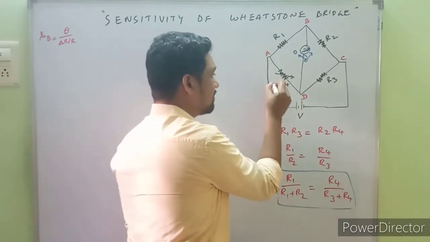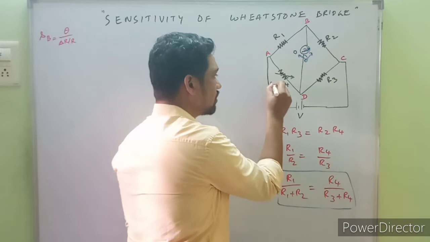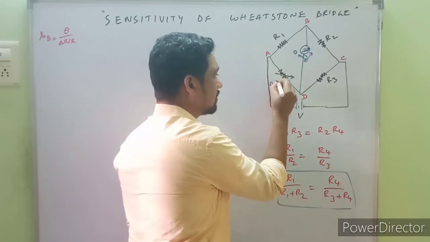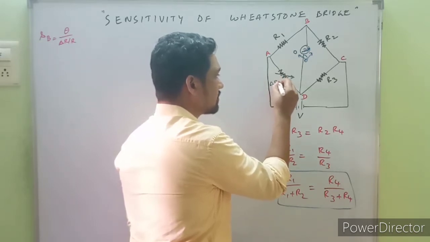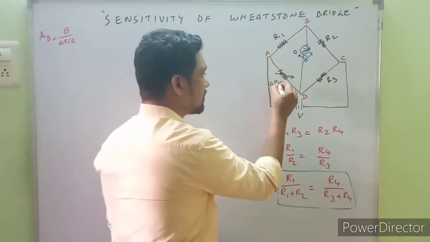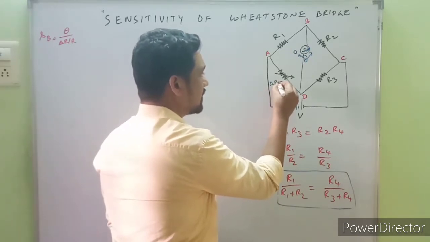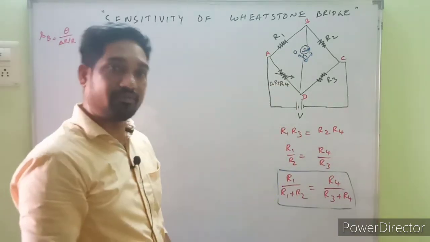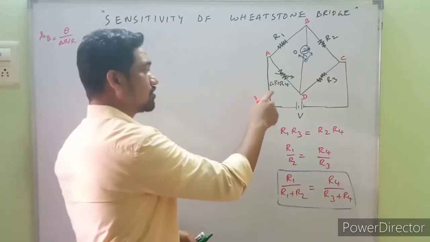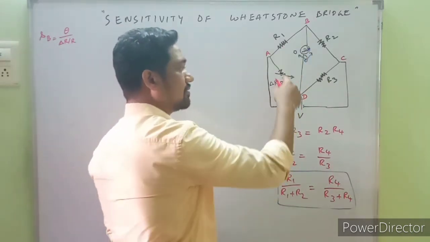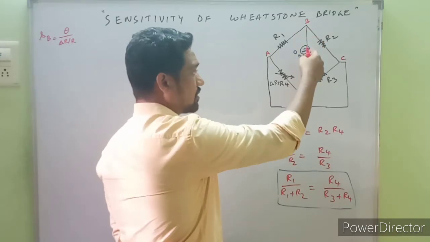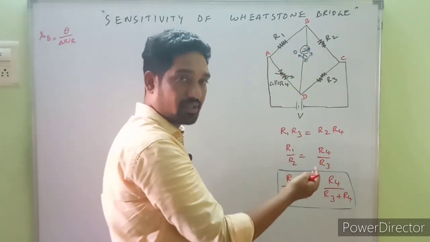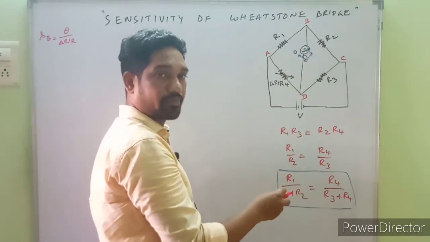So slightly unbalancing, that is a small change, delta R, plus a small change in the resistance over here. This slight change in the resistance will unbalance the bridge, and then a very little current flows, which can be neglected, but still that is important.